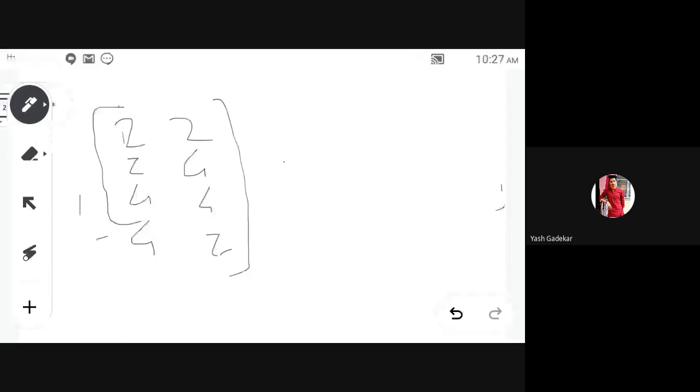Here the matrix is 2, 2, 2, 4, 4, 4, 4, 2, into our scaling matrix. Is the screen visible, friends? Yes, sir, the screen is visible.